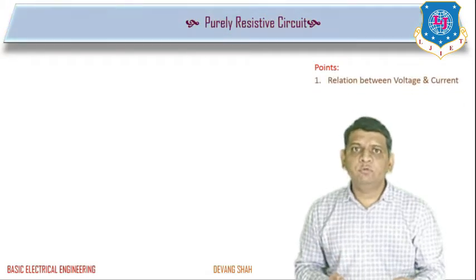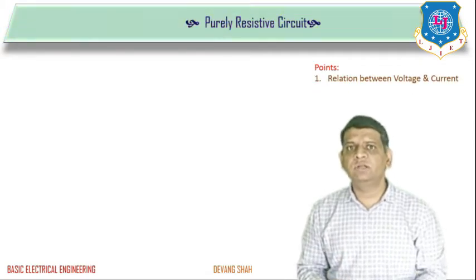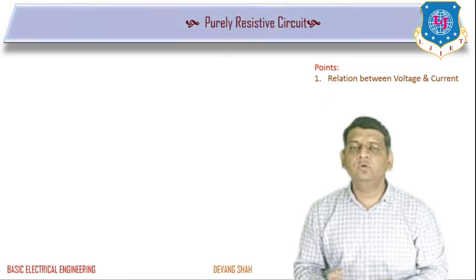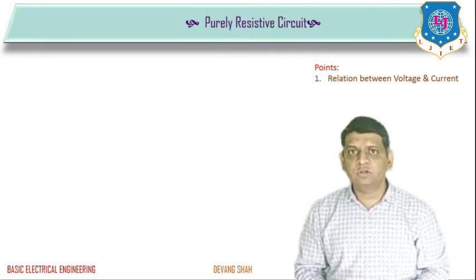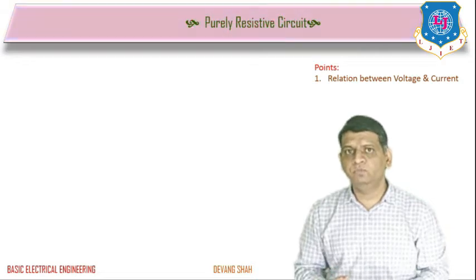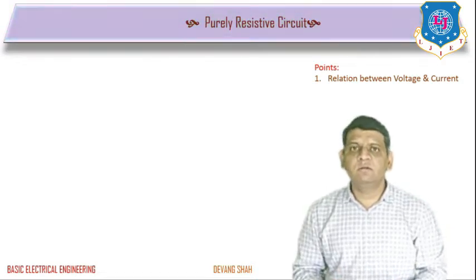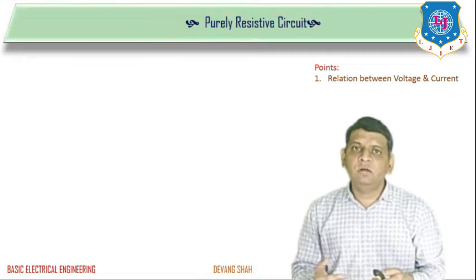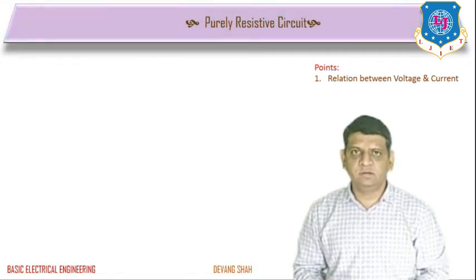First, we have to find the relation between voltage and current. This is point number one, where we have to derive the equation of current, because the voltage equation is already given. We also find the phase difference between voltage and current.